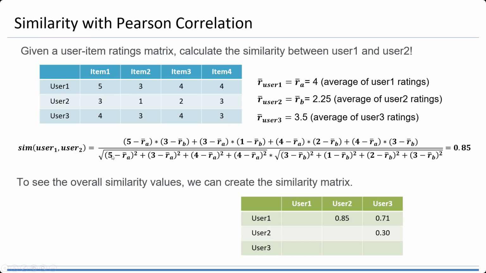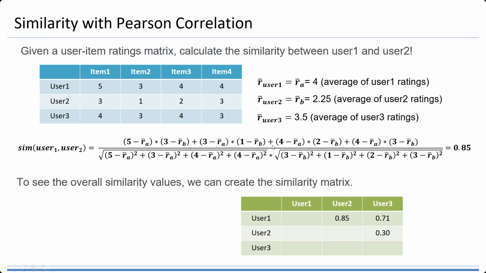This is the rating from user 1 given to item 1, this is the rating given to item 2, this is the rating for item 3, and this is the rating for item 4 given by user 1. Then we take the square root, multiplied by the square root of the ratings from user 2, and we will get the value 0.85.